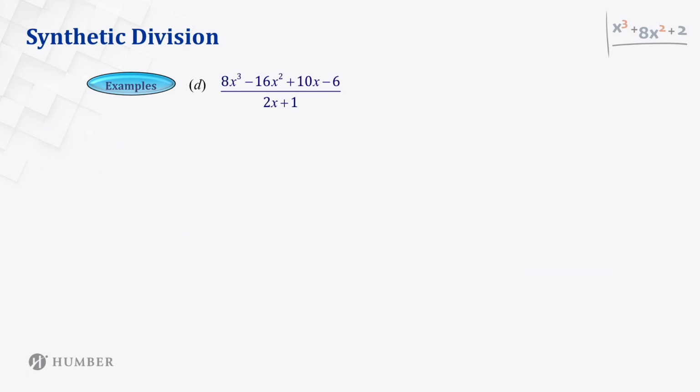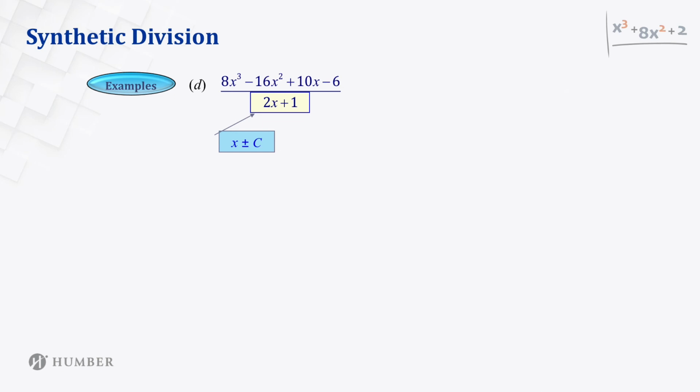Let's do one more. If you take a closer look at this problem, you may notice that it is not in the form that we need it to be in. Remember, the divisor has to be in the form of x plus or minus c. So it seems like we would need to perform long division for this kind of problem.